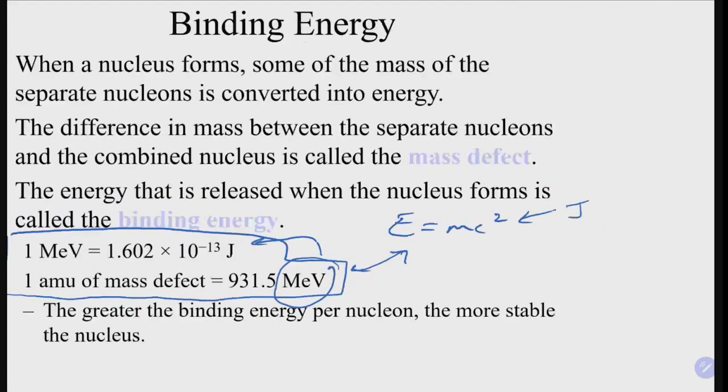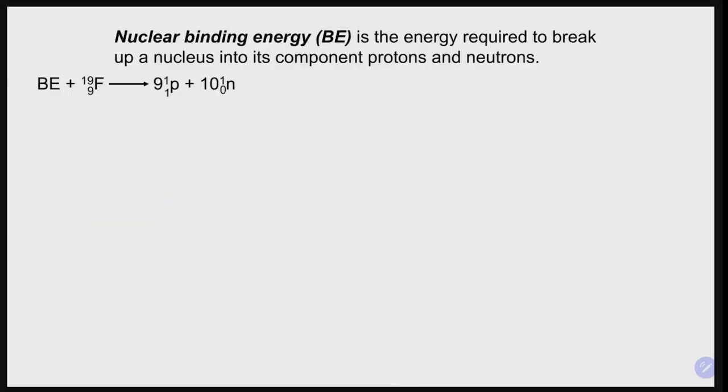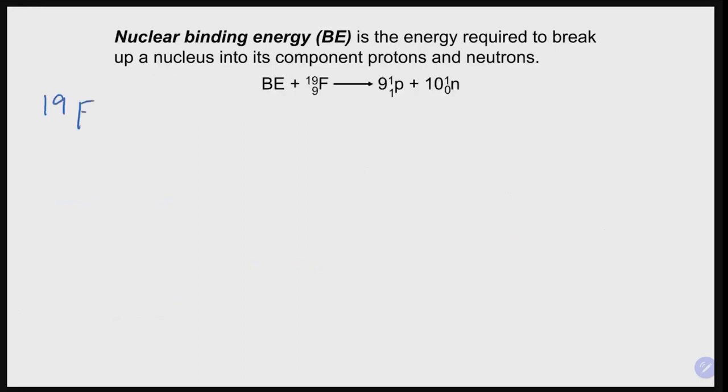So let's take a look at what we're talking about here. The nuclear binding energy, again, is the energy required to break up a nucleus into its components. So if we took something like fluorine 19 here, it has 9 protons, as you can see there, and if we take 19 minus 9, that will give us 10 neutrons.